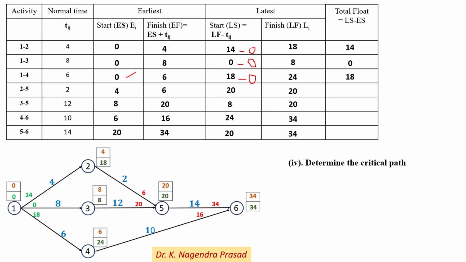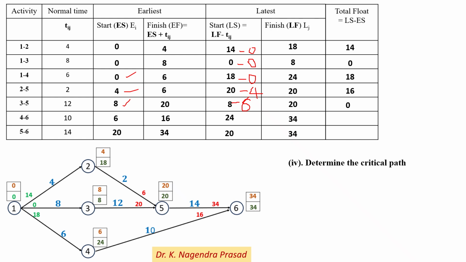Next for activity 2 to 5, the latest start time is 20 and the earliest start time is 4, so 20 minus 4 is equal to 16. Next for activity 3 to 5, the latest start time is 8 and the earliest start time is 8, so 8 minus 8 is equal to 0.